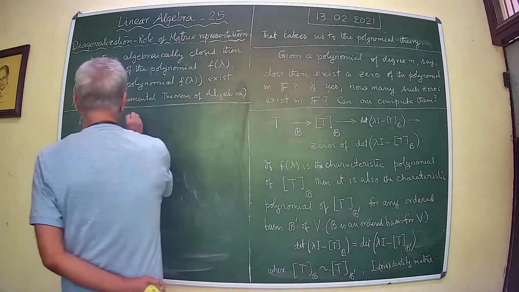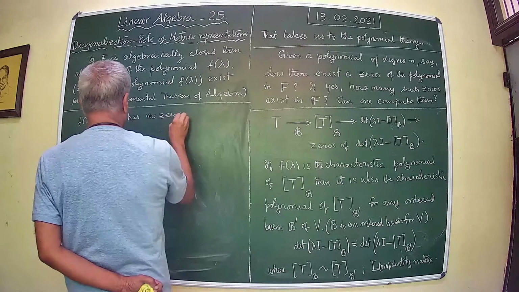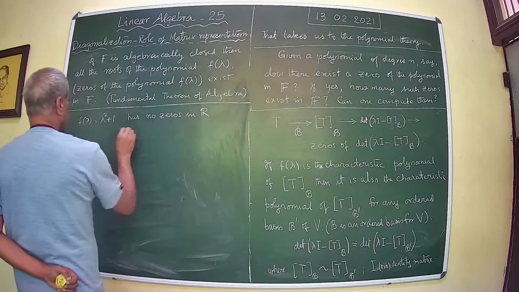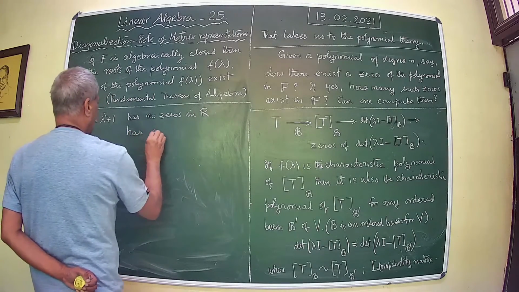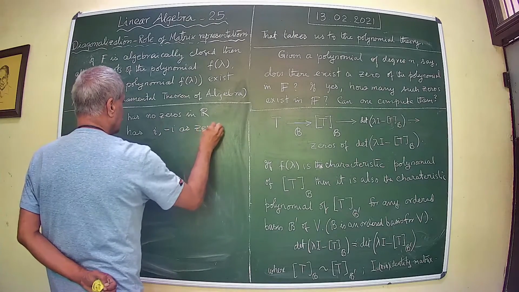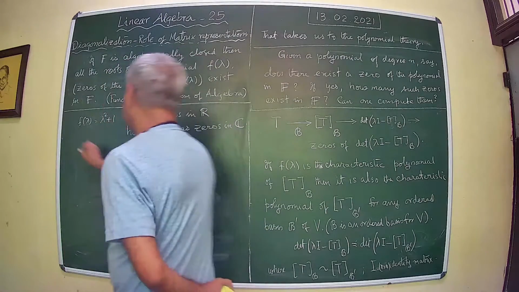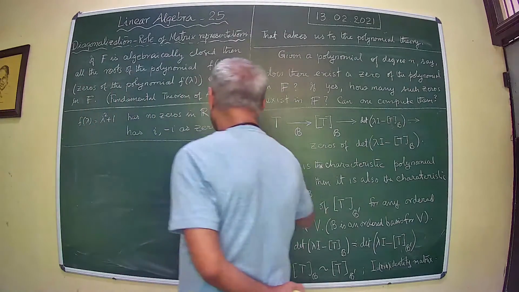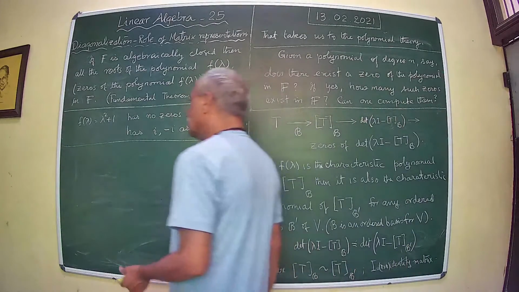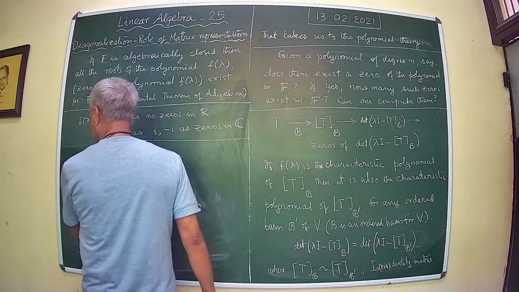It has no zeros in R, whereas it has i and minus i. This is a very simple example to highlight the problem. Okay. So you are comfortable if you are working with an algebraically closed field.